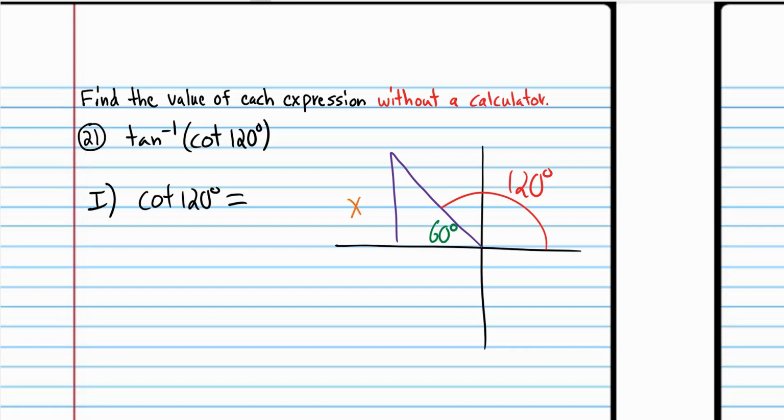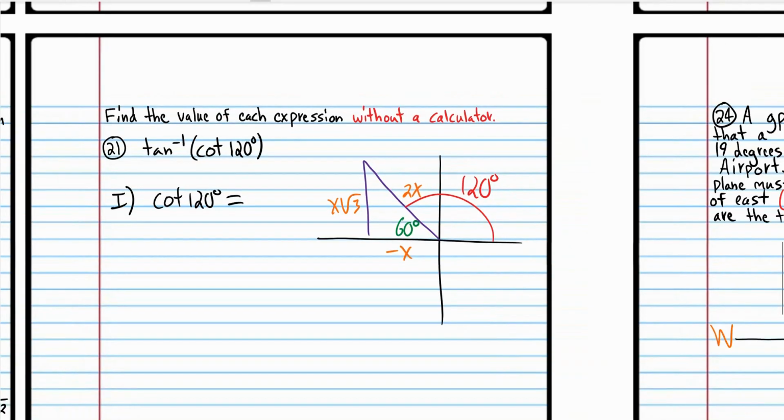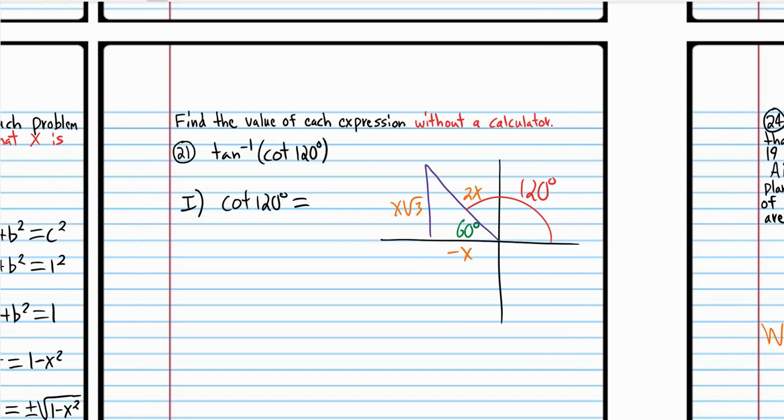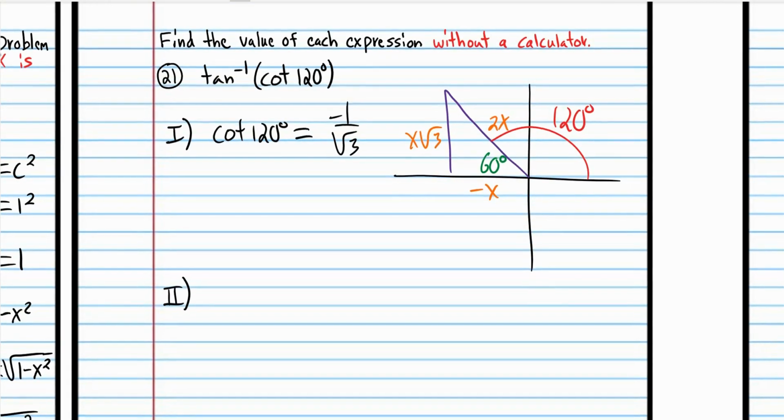And so that means this side is going to be x root 3. This side's 2x. This side is negative x. Cotangent is the adjacent side of the green reference angle divided by the opposite side. So we have negative 1 over root 3. Now we're in the intermediate step of the problem, so we don't really have to rationalize that denominator.